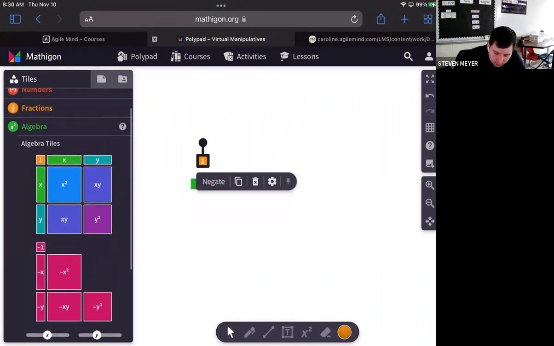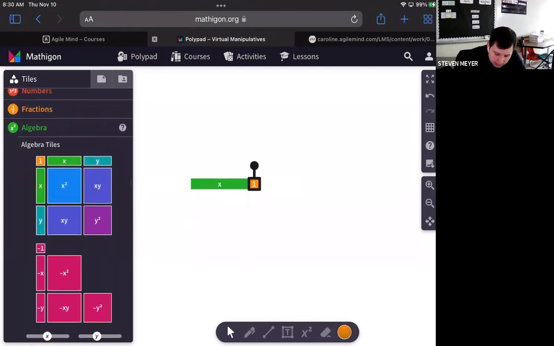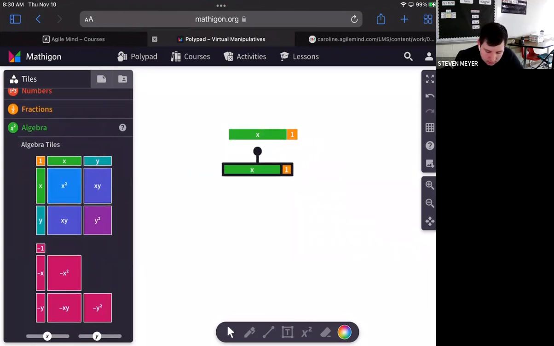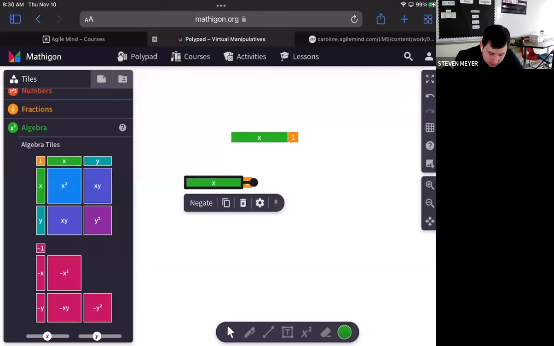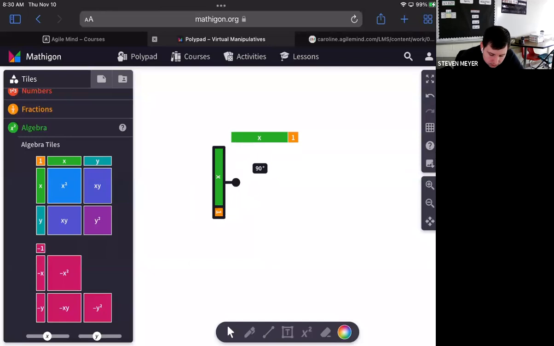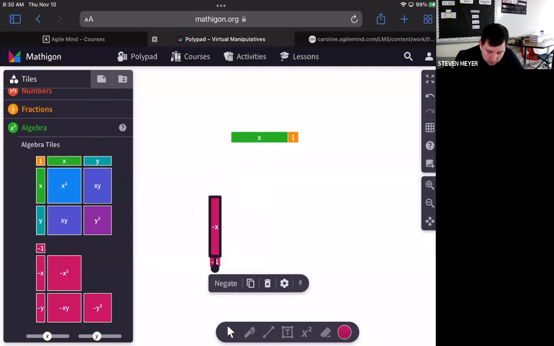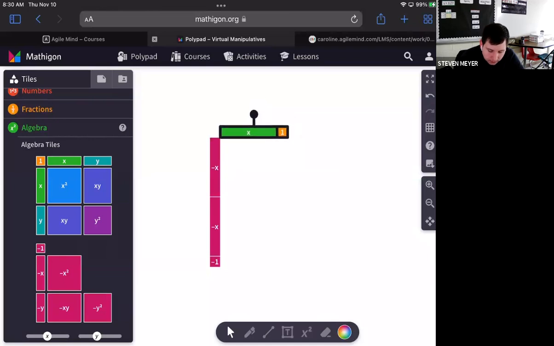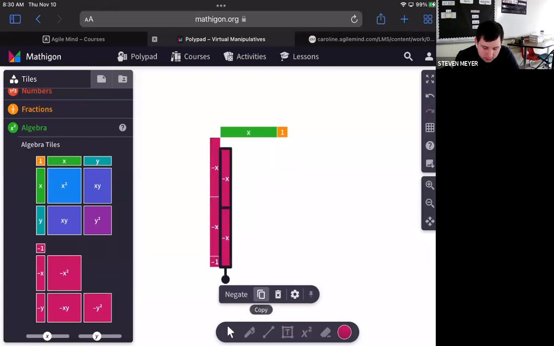x plus 1 is on the top. And then I'll rotate this, negate it, duplicate that, because it's 2x.